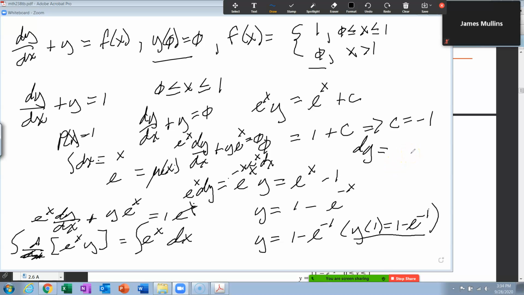I'm having trouble following my own. Okay, we divided both sides by e to the x here, and you have dy is equal to minus x e dx. That's it, minus x dx.